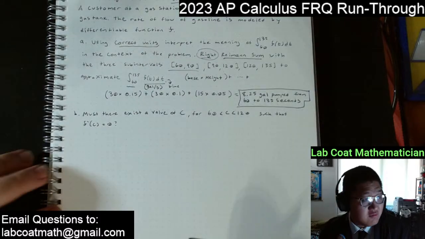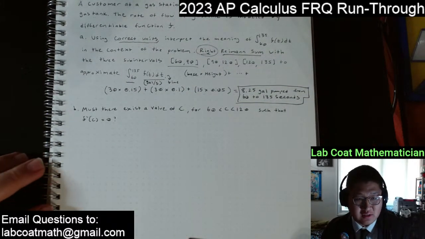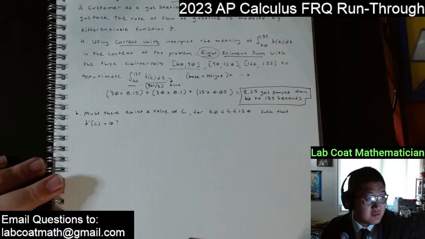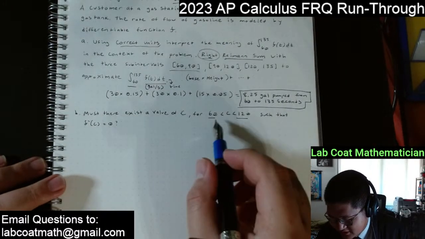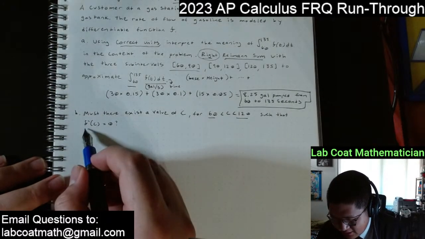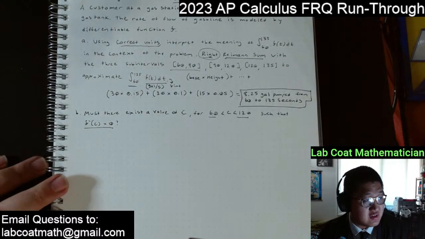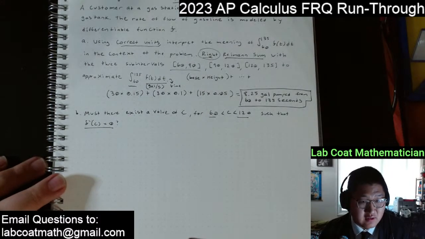Okay, and we need to justify our answer accordingly. So they're asking if we can confirm that between the interval from 60 to 120 seconds, we have the first derivative of the function equal to 0. Okay, again, this is going to be the confirmation on this, right?